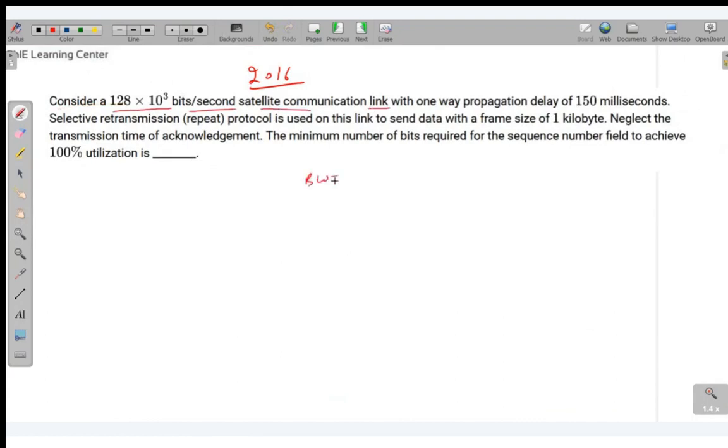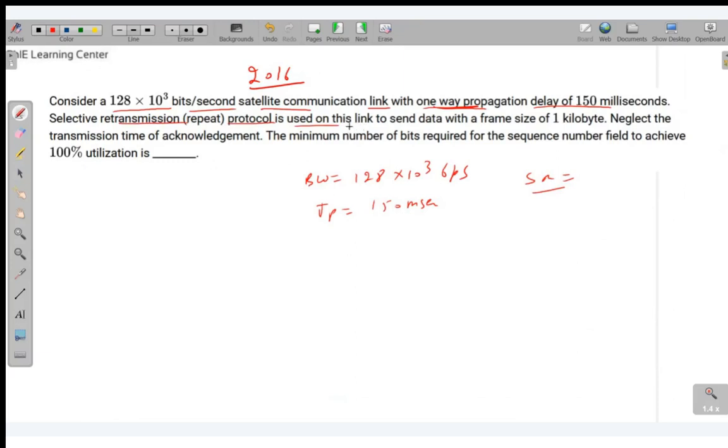So bandwidth is given as 128 into 10 to the power 3 bits per second, with one-way propagation delay of 150 milliseconds. One-way means only TP; round trip time means 2 into TP. Selective repeat protocol is used, so the question is of SR.